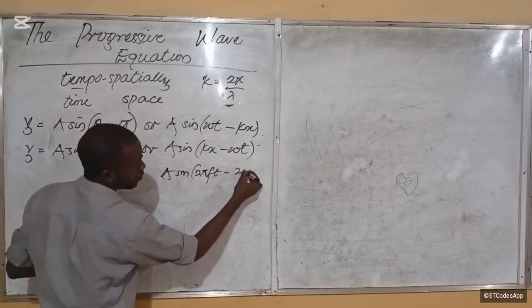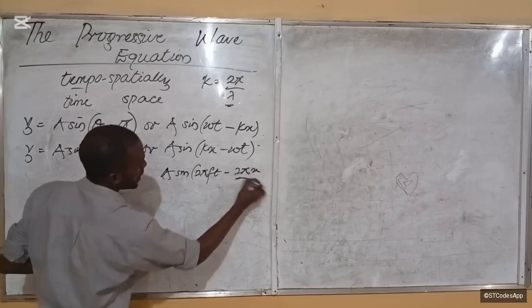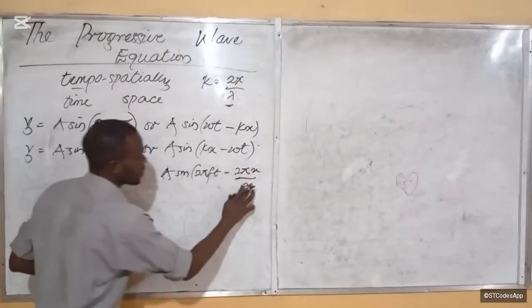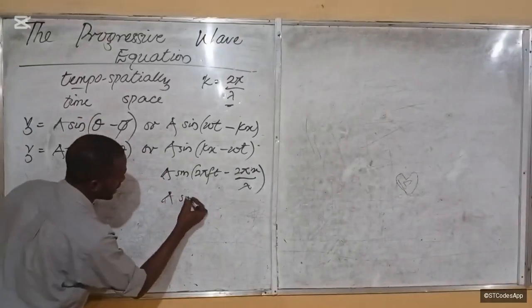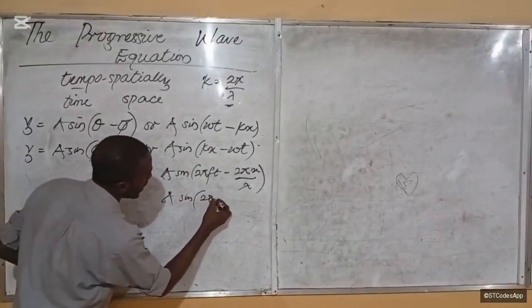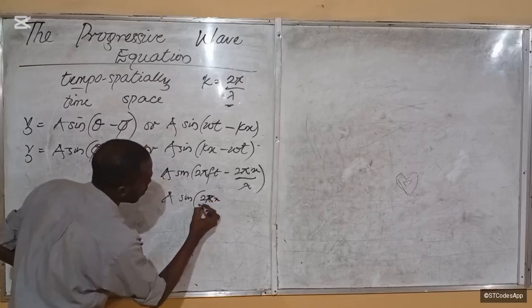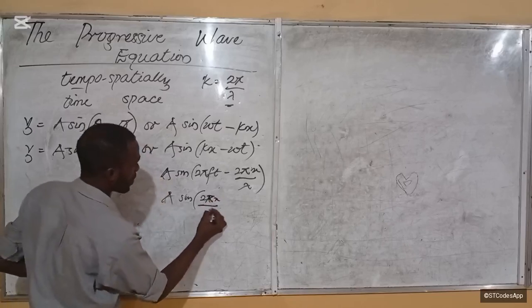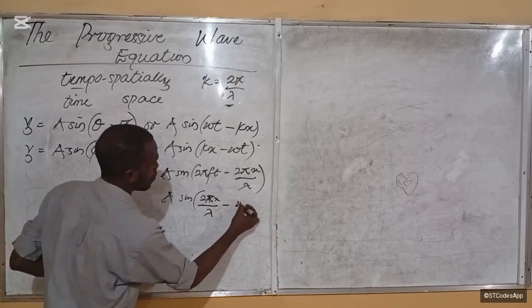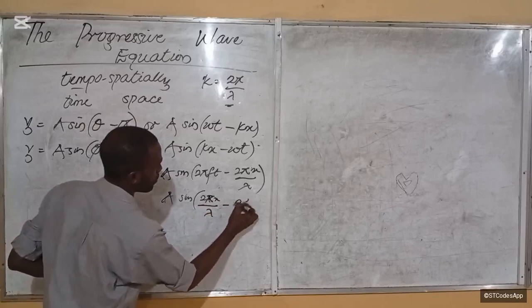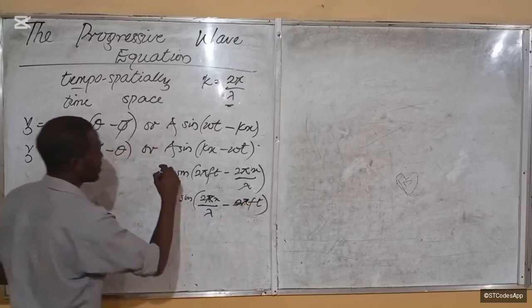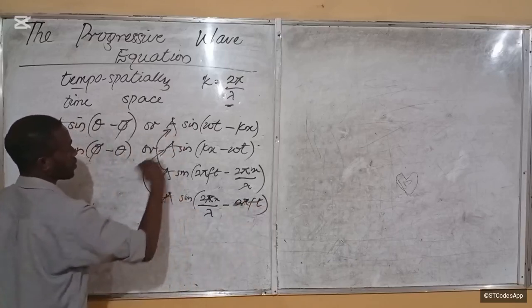I'm trying to write all the possible forms that it might appear in your textbook. Or a sine of 2 pi x over lambda minus 2 pi ft, with this corresponding to this and this corresponding to this.